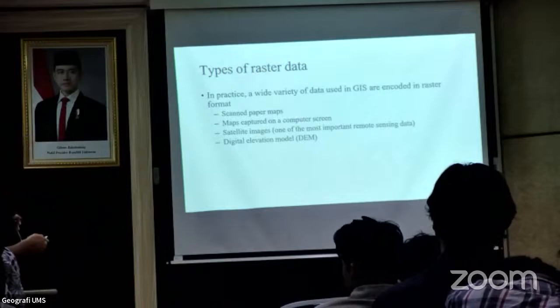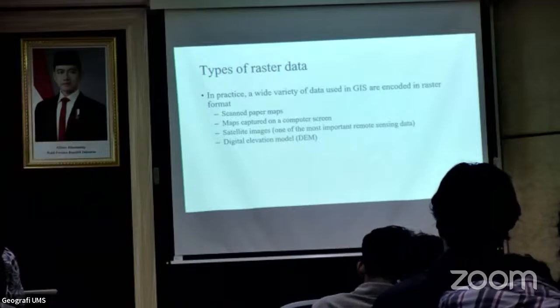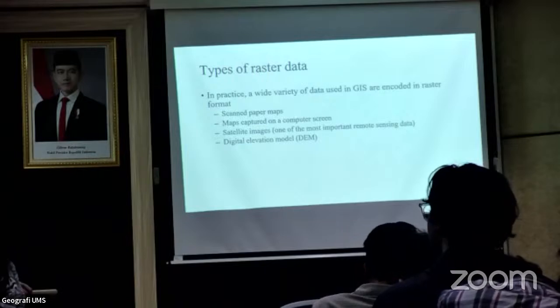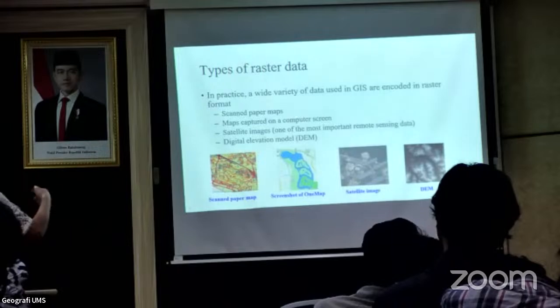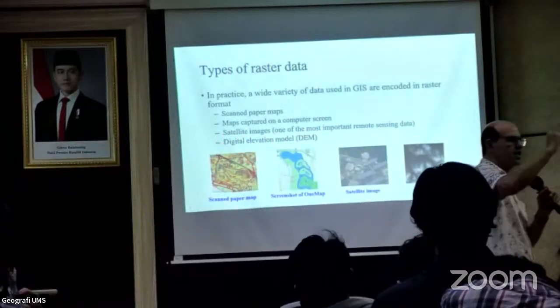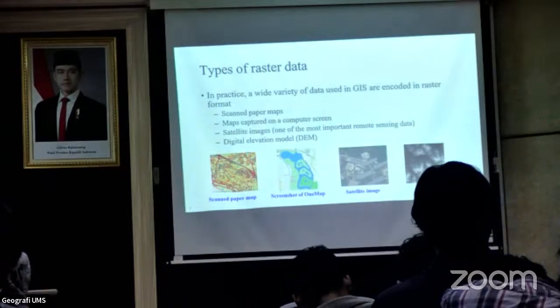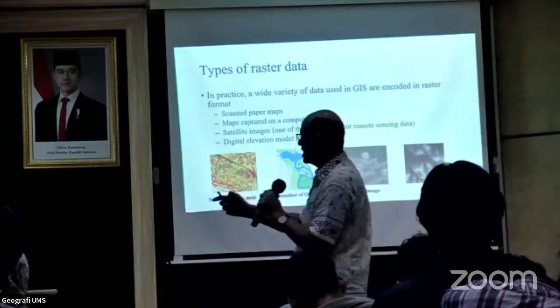And you have all satellite imagery. You know there are a lot of satellites around us. All data that is coming from satellites is raster data set stored in pixels, and we have digital models. These are all examples of raster data sets. These are all rows and columns of pixels with some value, and it's called a raster data set.